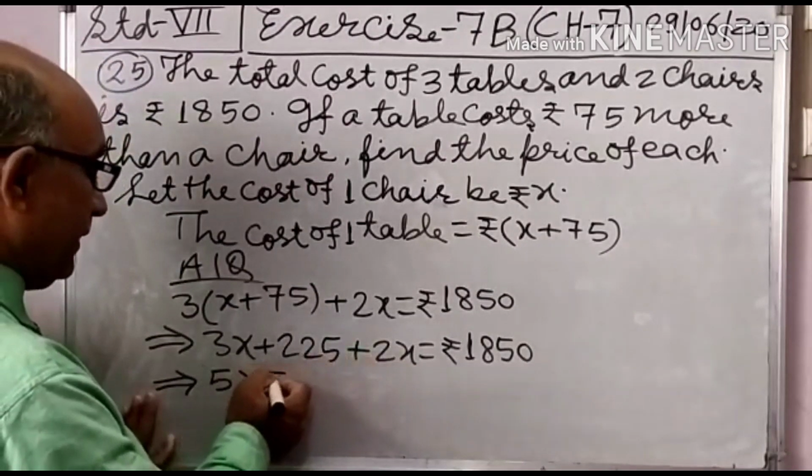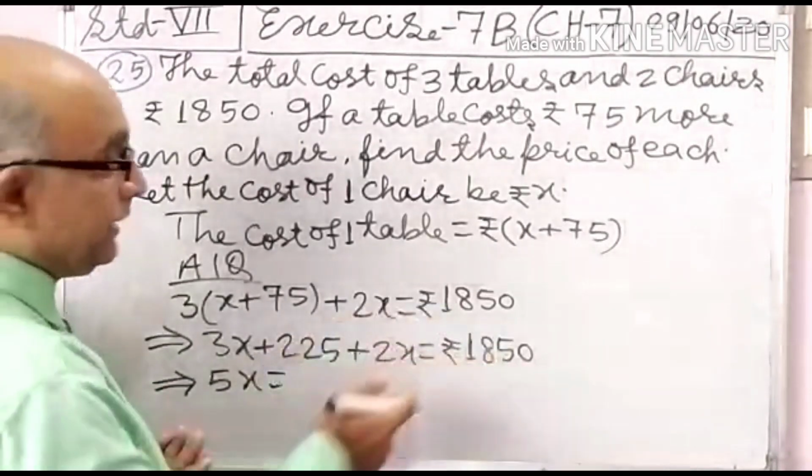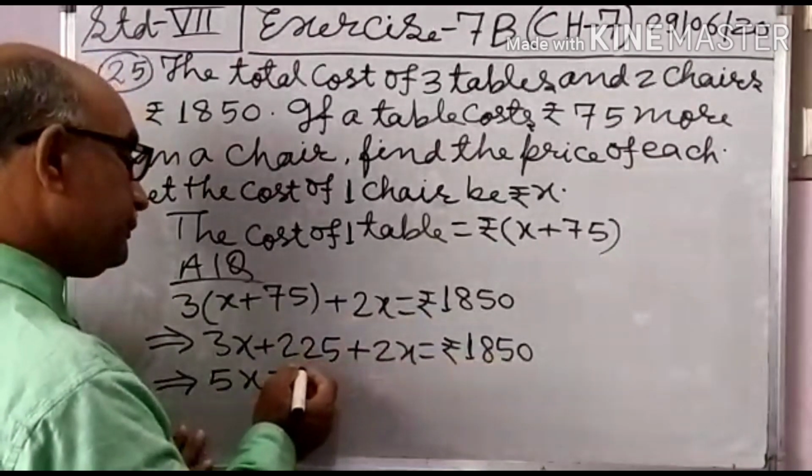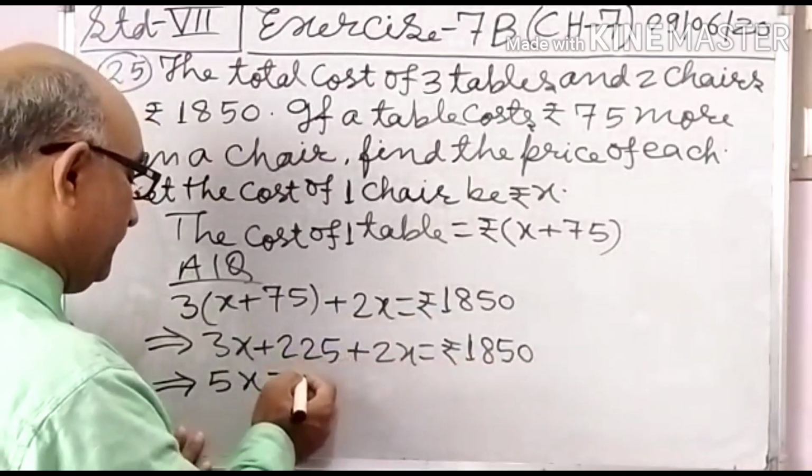By transposition, plus 225 changes into minus 225.